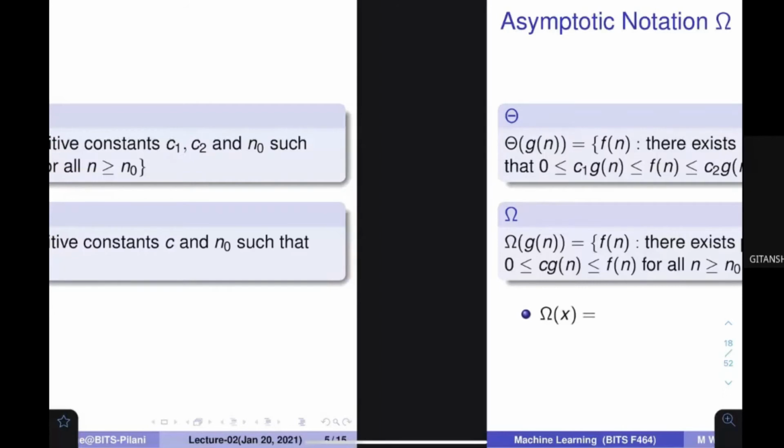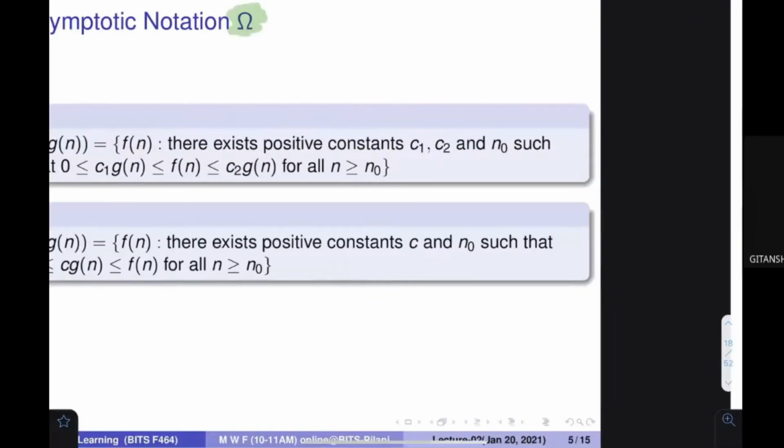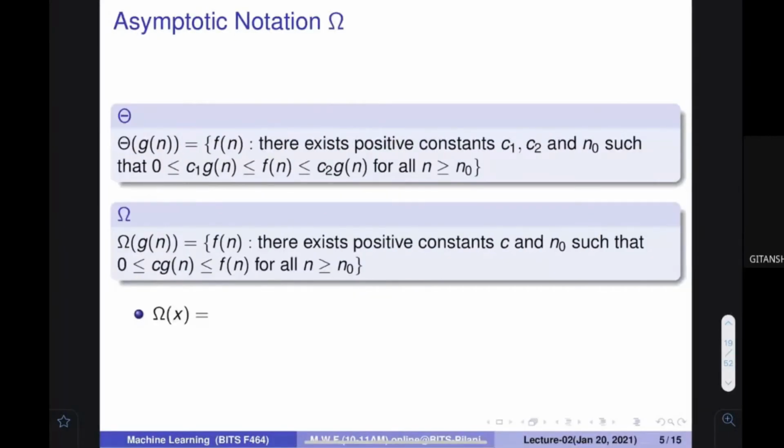So here, if I want to ask what is omega of x, you can say, as in the definition of theta, this smaller part is important. This condition is removed, so there is no upper limit. It is telling that if some function is greater than g, even by multiplying a constant c, then we are okay.